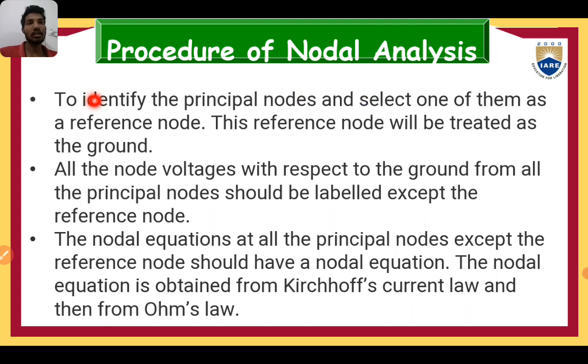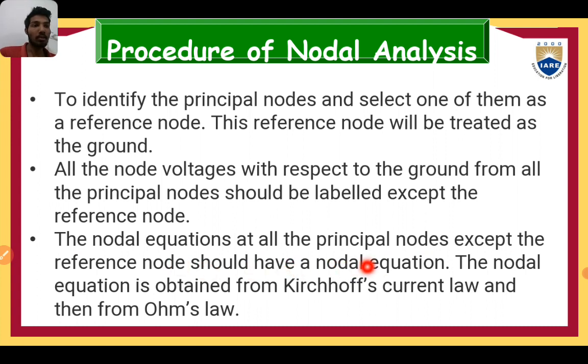Procedure of nodal analysis. Identify the principal nodes and select one of them as the reference node, which will be treated as the ground. All the nodal voltages with respect to the ground should be labeled for all principal nodes except the reference node. A nodal equation should be written at all the principal nodes except the reference node.